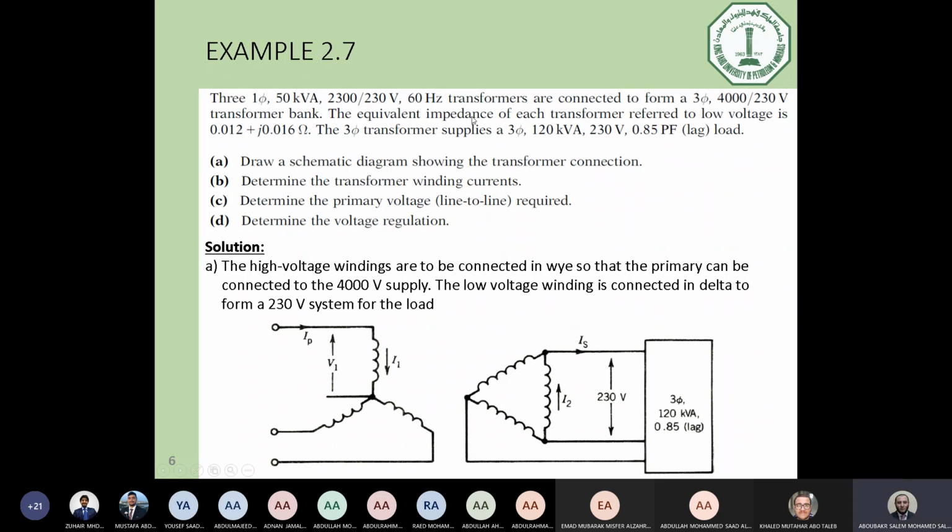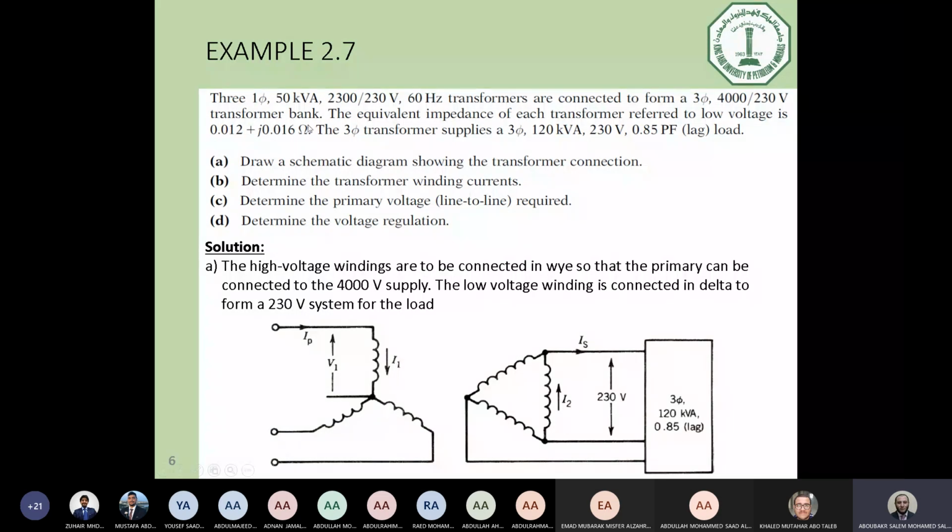The equivalent impedance of each transformer, these data are for the single-phase one. The equivalent impedance for each transformer referred to the low voltage side. Low voltage means the 230, which is the secondary now. So the equivalent impedance is 0.012 plus j0.016.